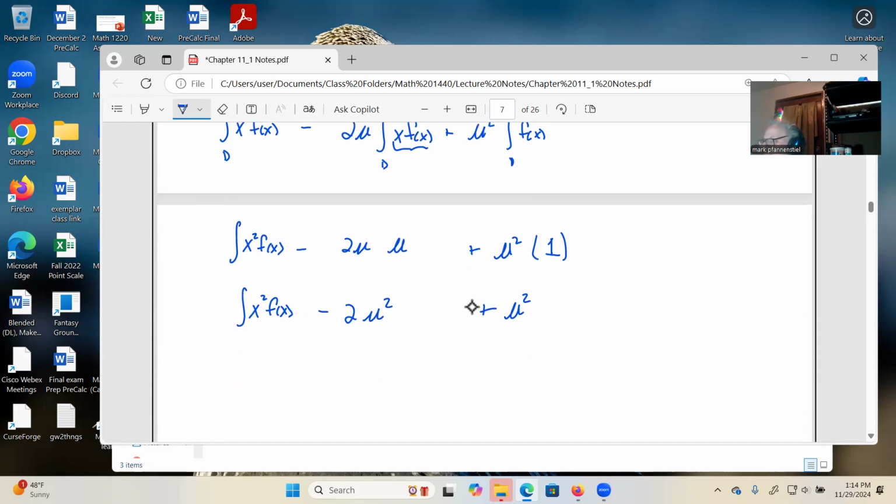Okay. We have negative 2 mu squared plus a positive mu squared. Negative 2 plus 1 is minus 1, right? You owe $2, you pay 1 back, you still owe $1. So we have the integral of x squared f of x minus mu squared.